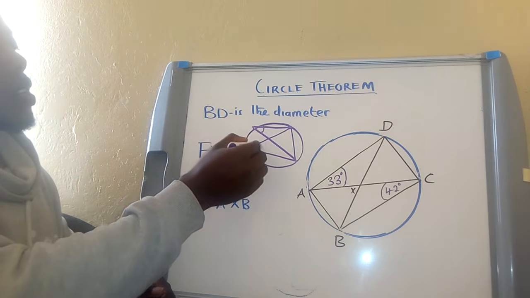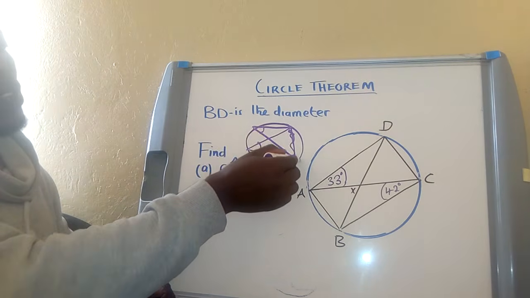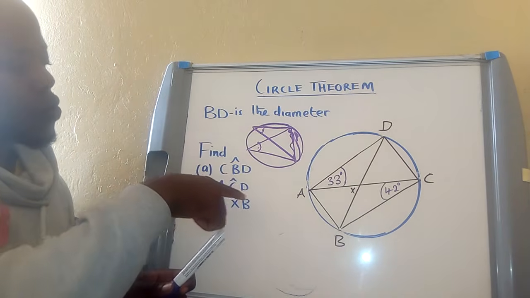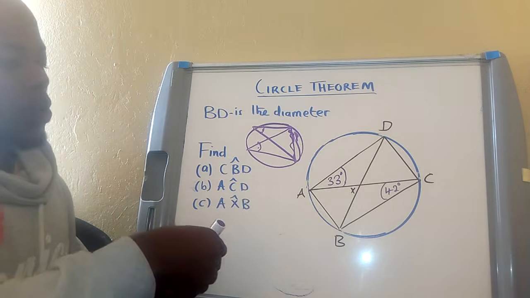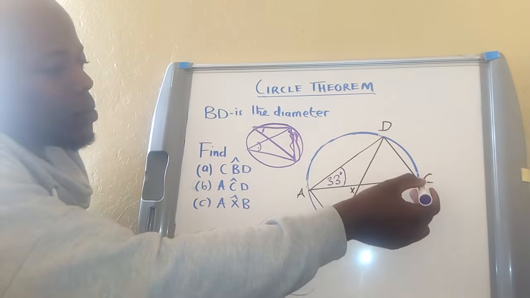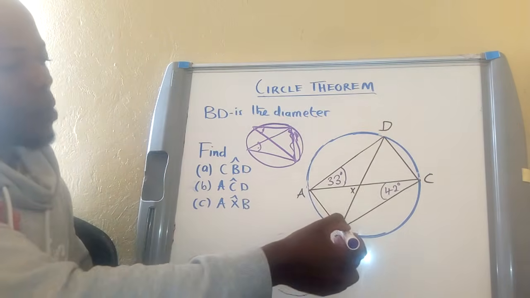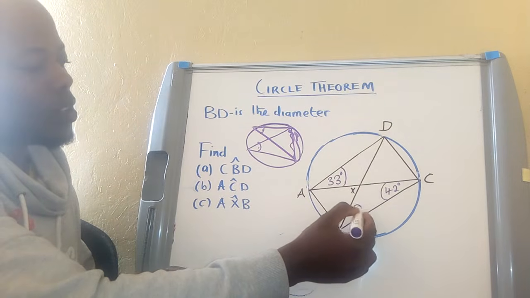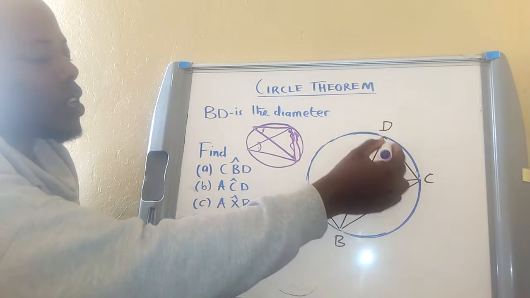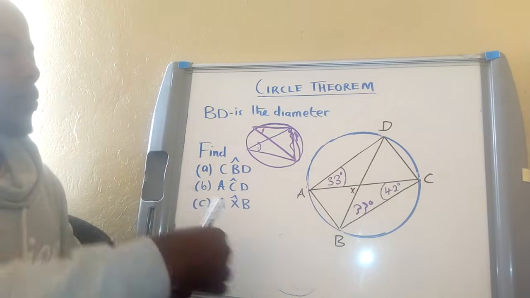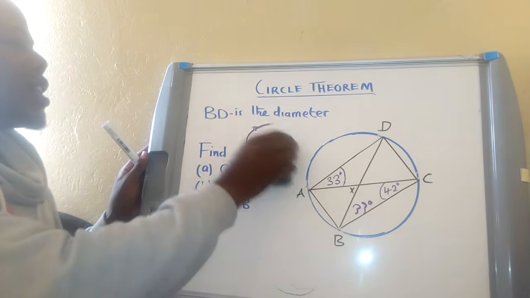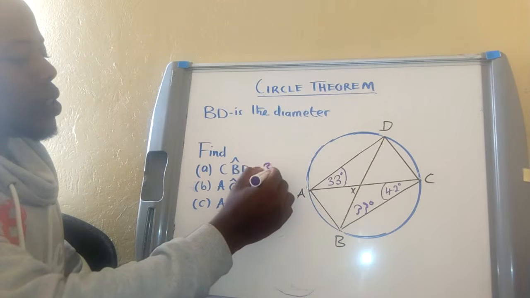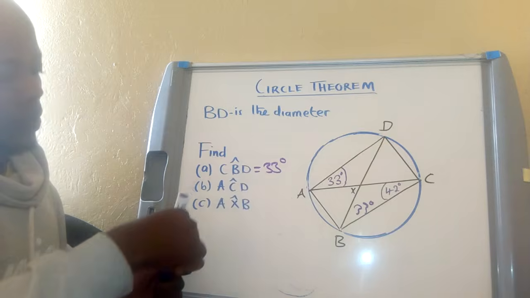So this angle and this are equal because they are coming from the same segment over here. So these two are equal. This is a property we are going to use to answer this. An angle coming from this segment and these are equal. So this will also be 33 degrees because they're coming from the same segment. So we can write here that this is equal to 33 degrees.